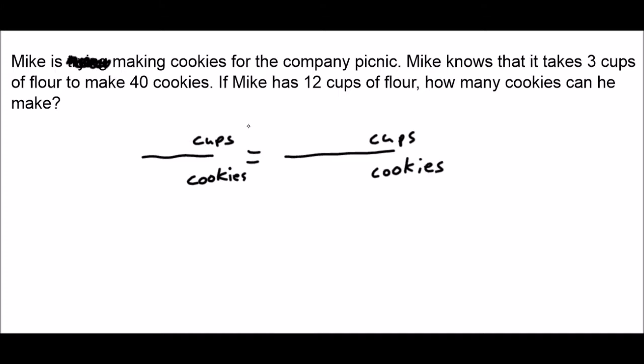So I'm going to compare cups, cups, cookies, cookies. And so let's see. I know that 3 cups of flour makes 40 cookies. And on the other side, I know I have 12 cups of flour, and I'm trying to figure out how many cookies I can make. So since I don't know the number of cookies, I'm going to make this an X.